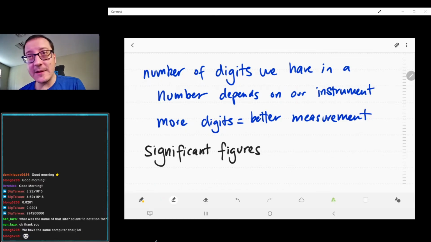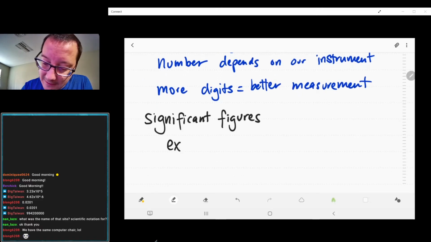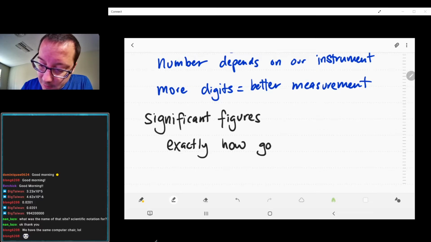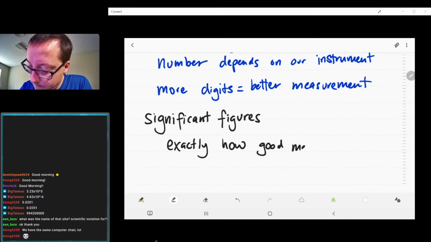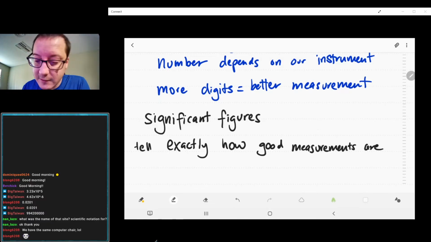We're going to see that this is something very important for us because it's going to be able to tell us, no matter what we're doing, exactly how good our measurements were.